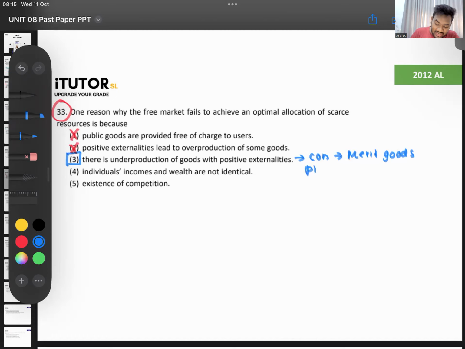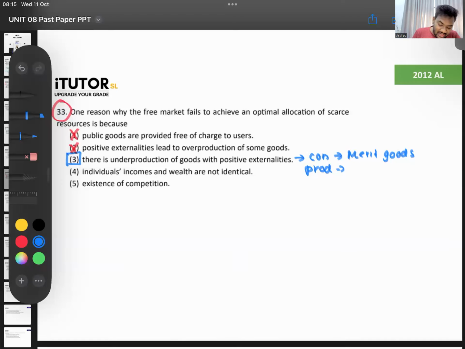Positive externalities in production only, for example beekeeping, are also underproduced. So it leads to inefficiency in resource allocation. You should have been allocating more resources to produce this, but you're allocating less, you're underproducing it, therefore market failure.